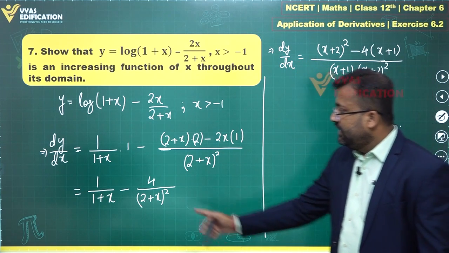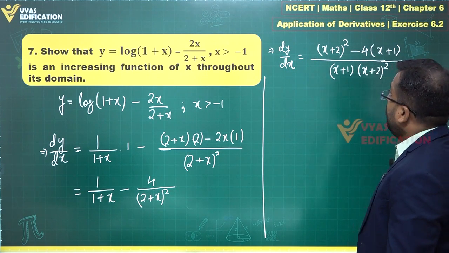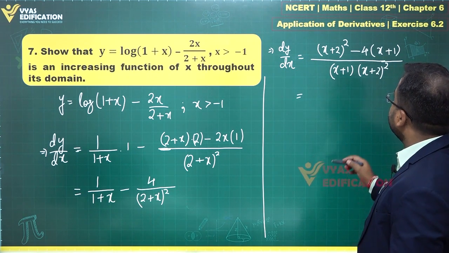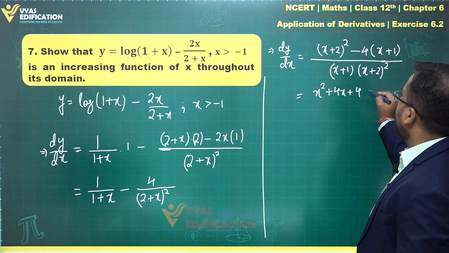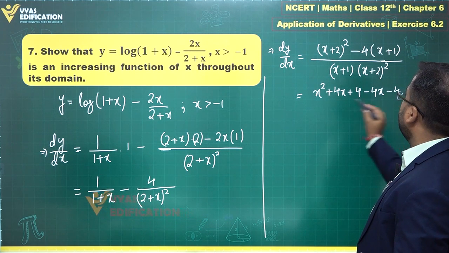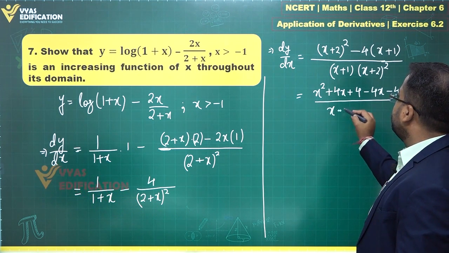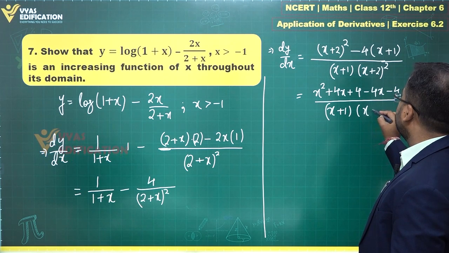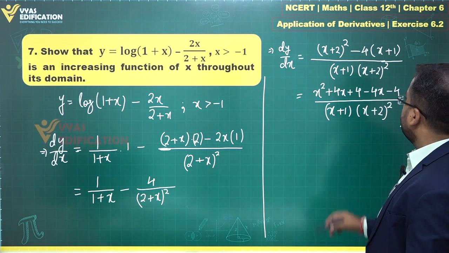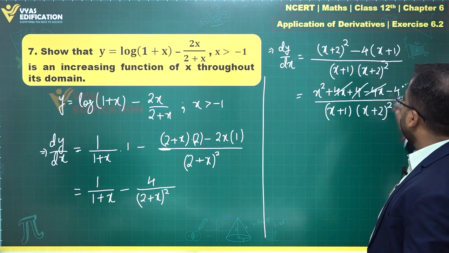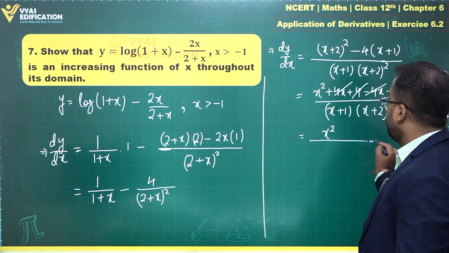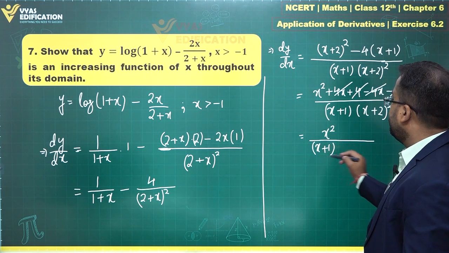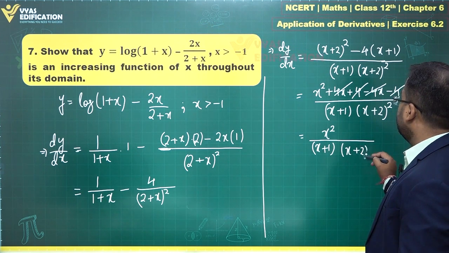This is what you have by cross multiplying, right? Next, this is x square plus 4x plus 4 minus 4x minus 4 upon (x plus 1)(x plus 2) whole square. 4x goes, 4 also goes. So now what remains is x square over (x plus 1)(x plus 2) whole square.